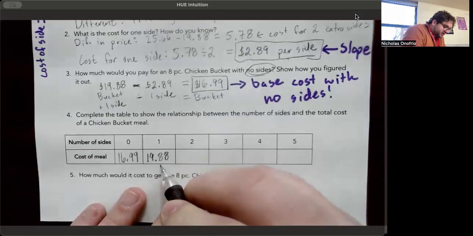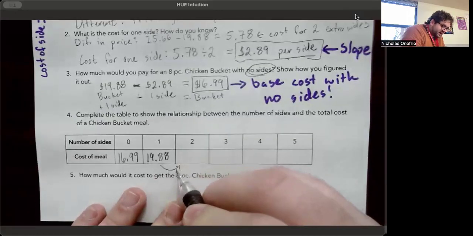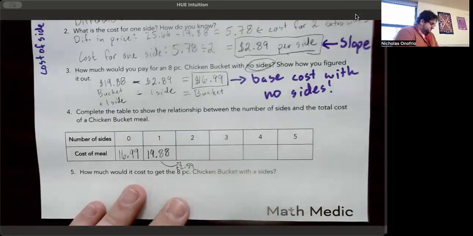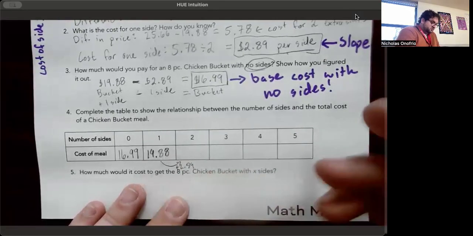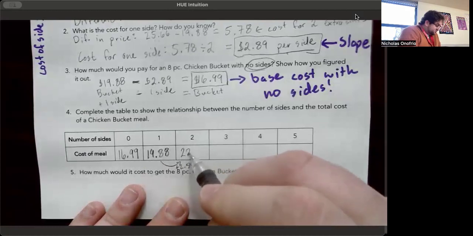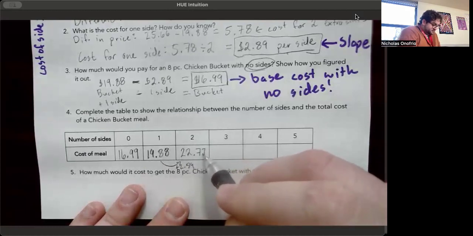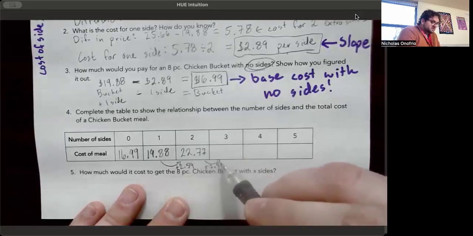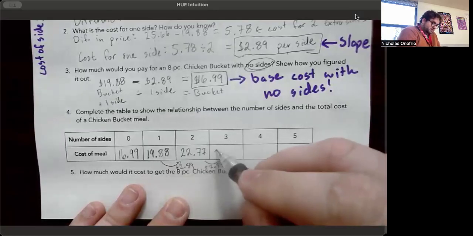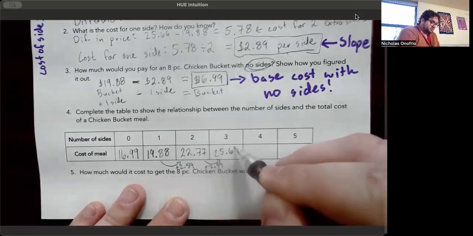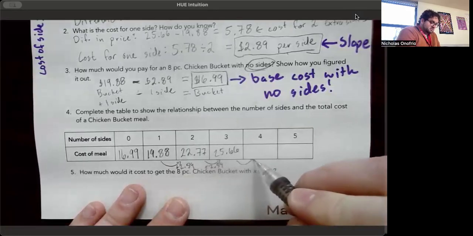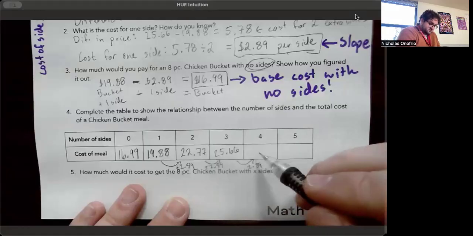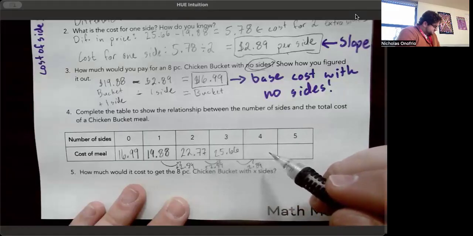So all we have to do to get our answer is add $2.89, and it's going to give me $22.77. And then we can just repeat this pattern as we go through. Every step, we take our previous cost plus $2.89.